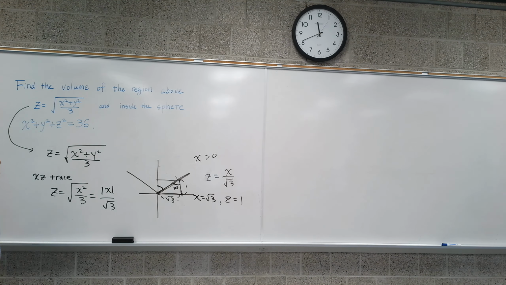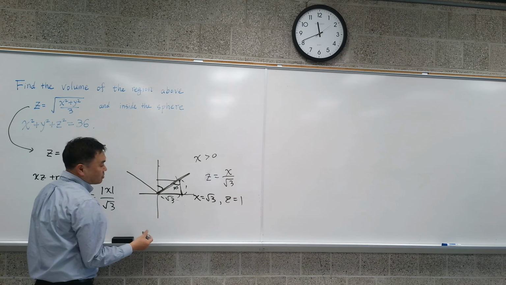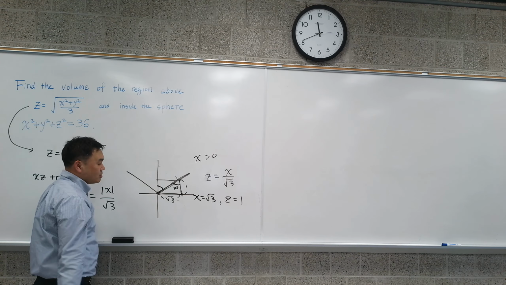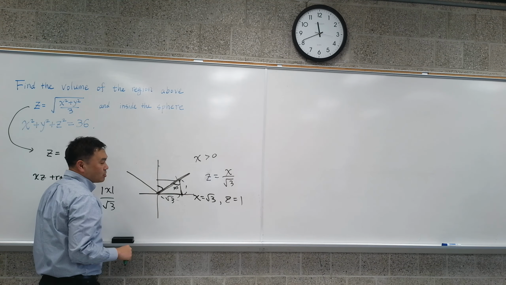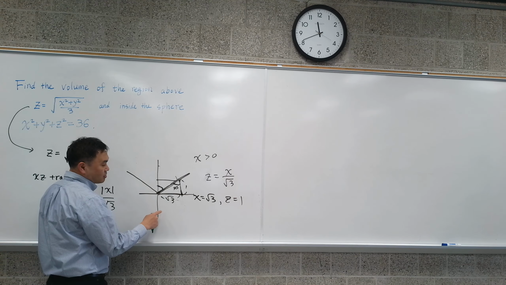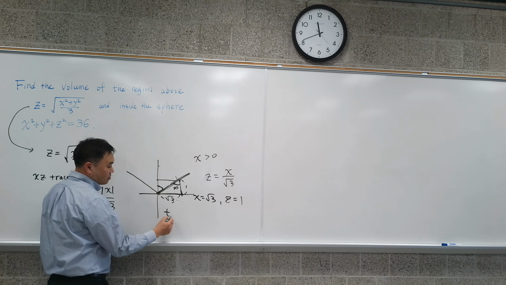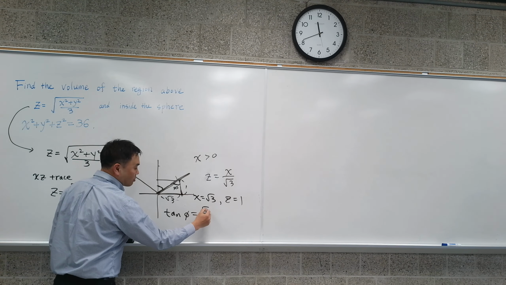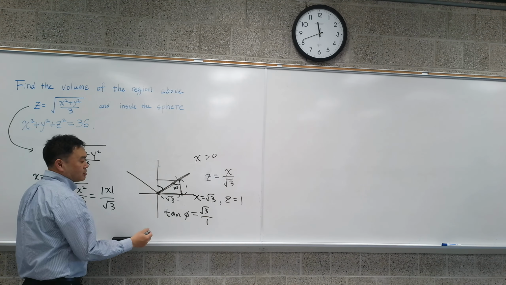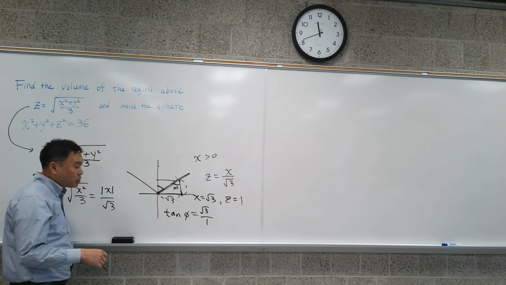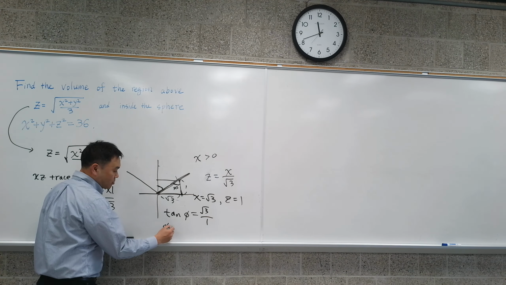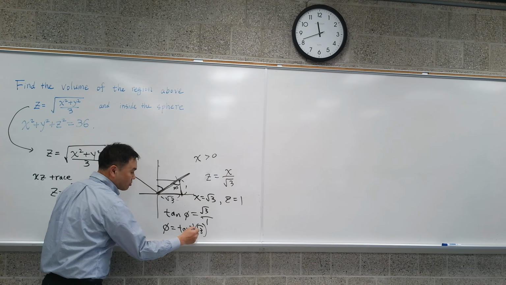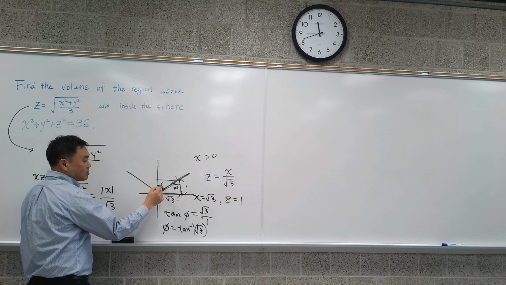Okay? So to get what that angle is, well, some might already recognize this as a 30, 60, 90 triangle that has sides 1, square root of 3 and 2. But if you don't, then you can easily see that tangent of phi is opposite over adjacent, which is square root of 3 over 1. And putting your calculator into degree mode and doing tangent inverse of square root of 3, you see right away that this angle is 60 degrees.